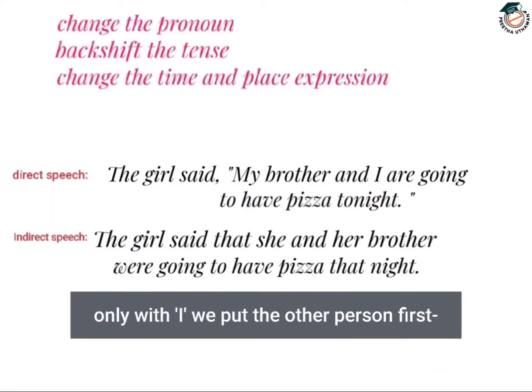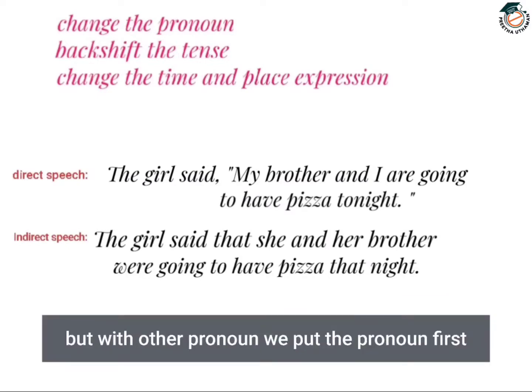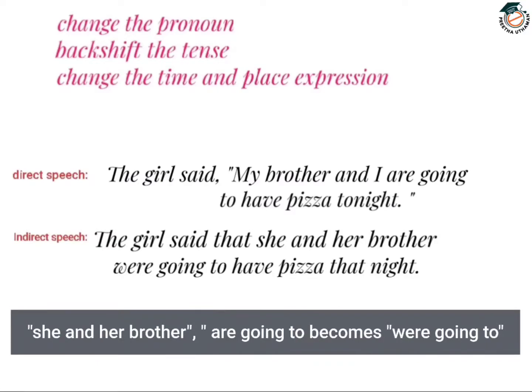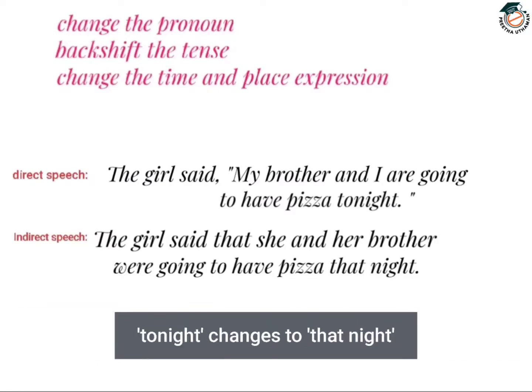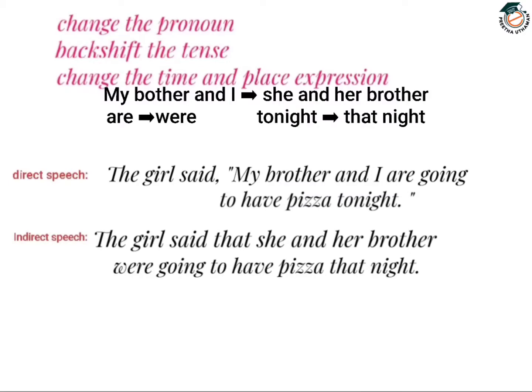Only with I, we put the other person first, like my brother and I, my friend and I, etc. But with the other pronoun, we put the pronoun first, like she and her brother. Now, are going to becomes were going to, and tonight changes to that night. The girl said that she and her brother were going to have pizza that night. I think you have got it right.